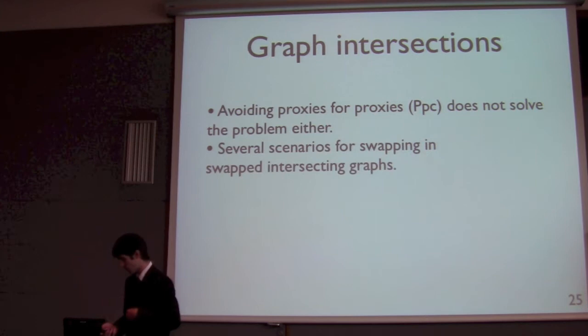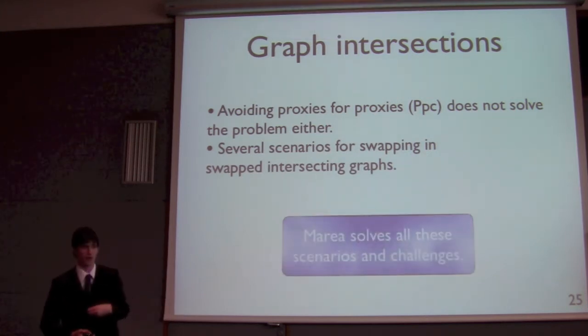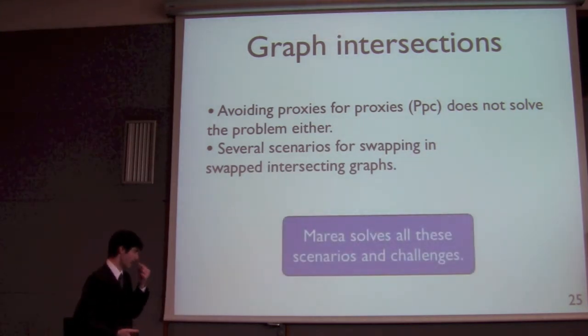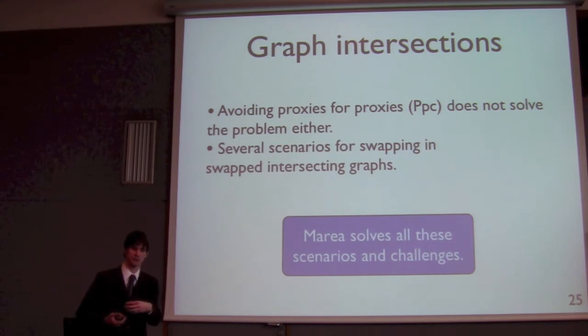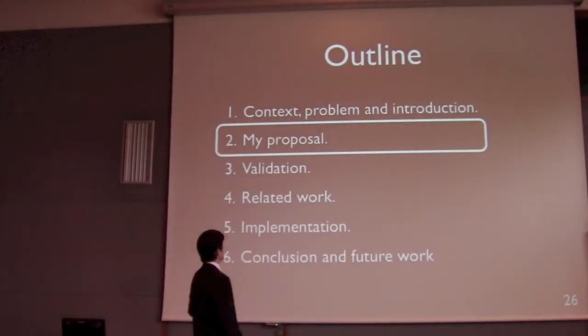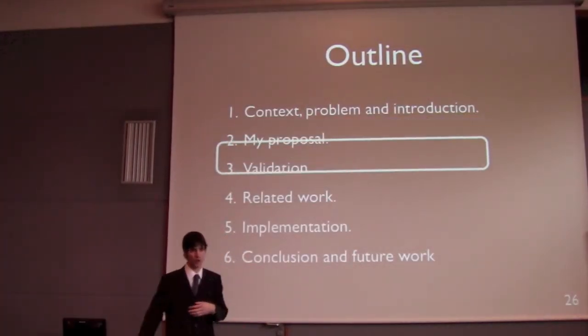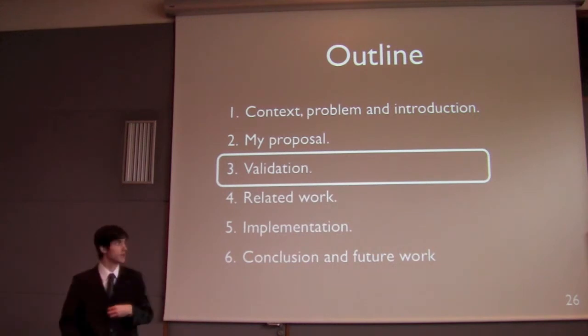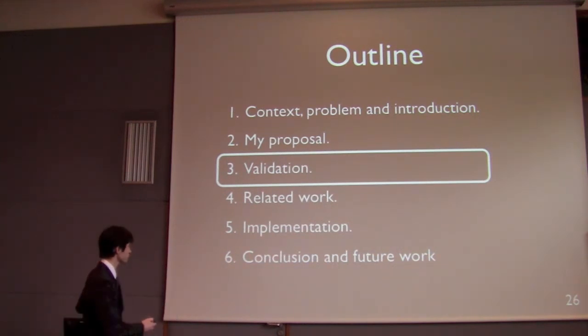So the solution is more complicated. I have solved all these scenarios in Marea, and I have prepared slides for the questions if you are interested to know how I solved it, but I don't have to explain it now, but if you want, I can answer you. Okay, now I will show you what I did to validate my project.